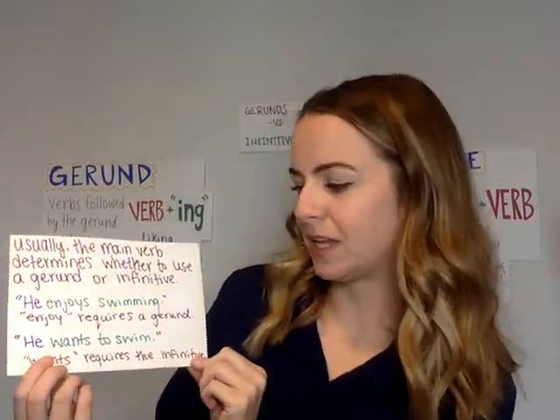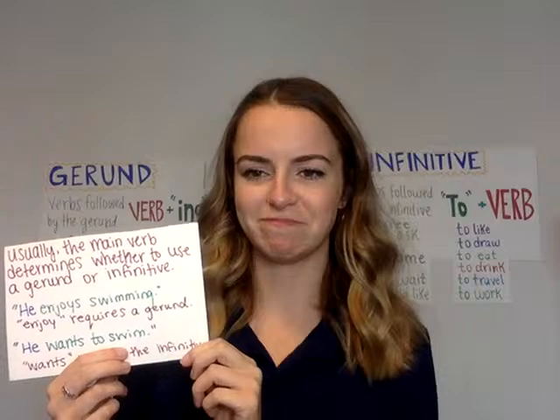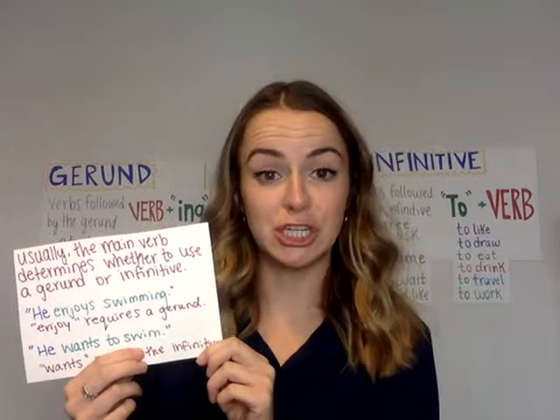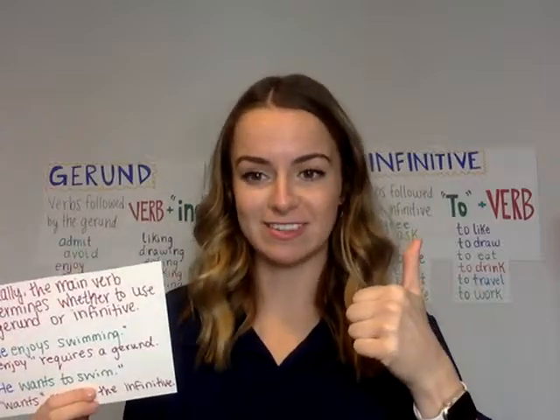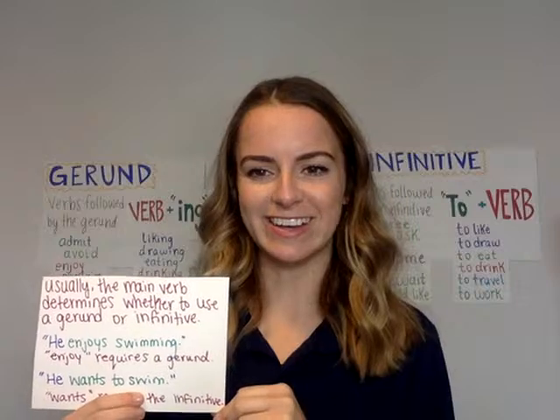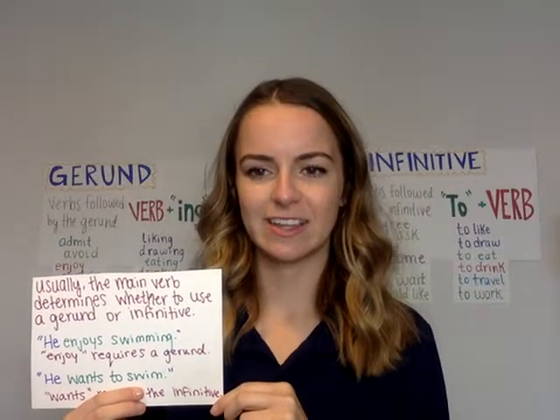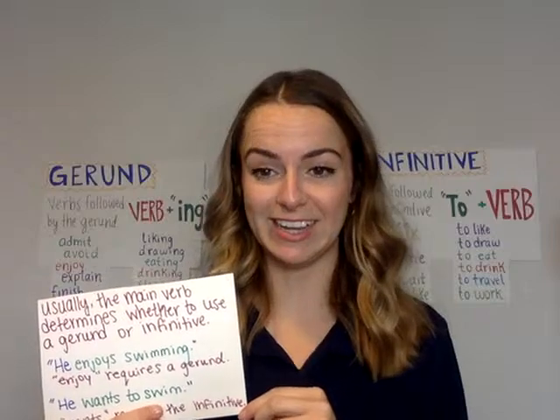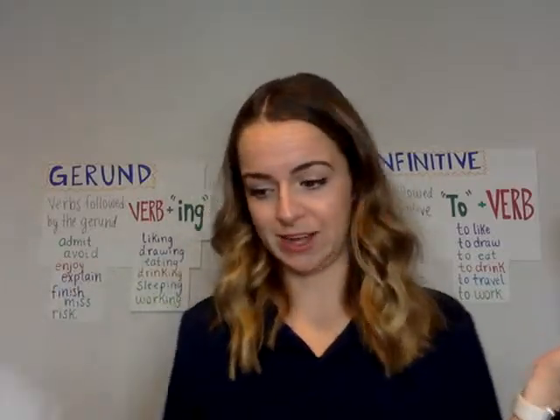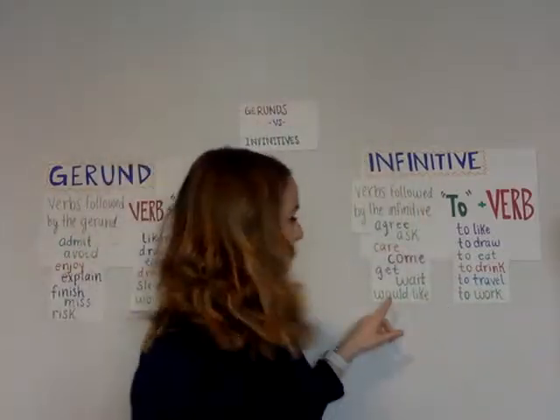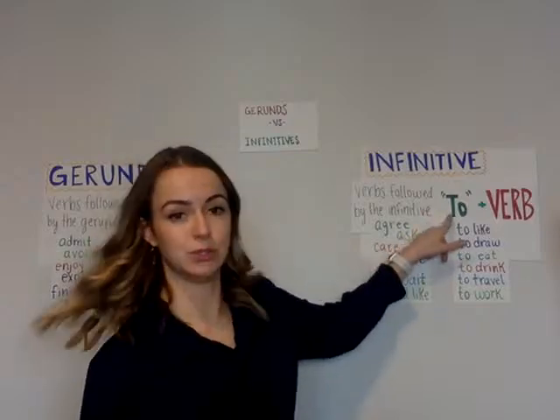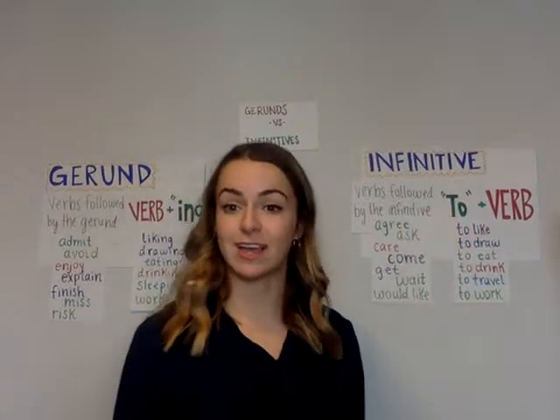Mine is, he wants to swim. She wants to become famous. Good. She wants to read. I want to go outside. You could also say, I would like to go outside.